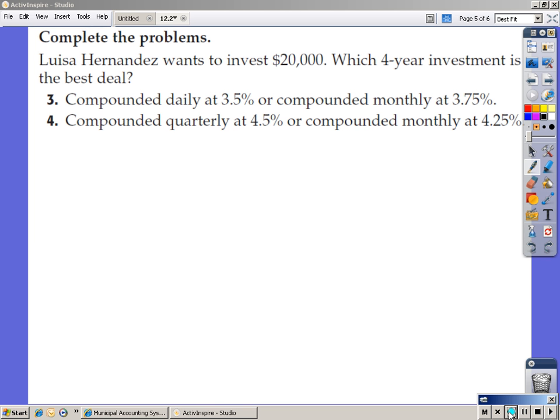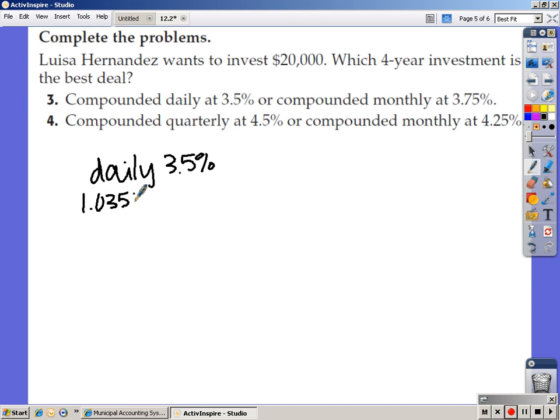Okay, I have a student coming to the board that's going to do number 3. So let's listen to her. Okay, for daily, it's 3.5%. And your number from the table is 1.035618. For monthly, it's 3.75%.